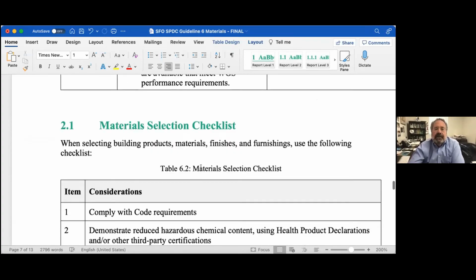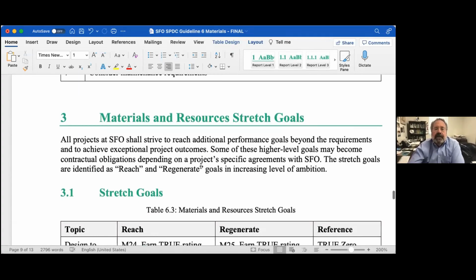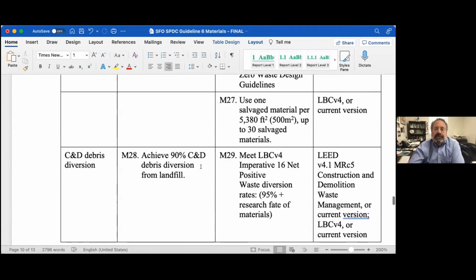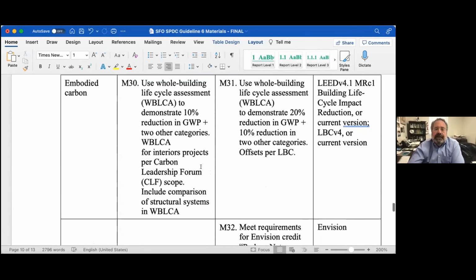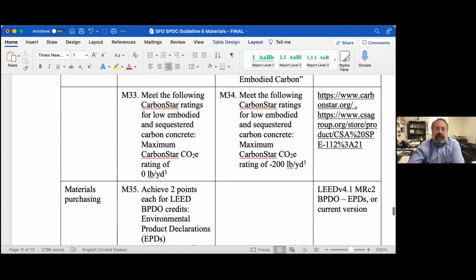Or if you go on and you look at their stretch goals, here they have a CarbonStar rating of 0, and they're hoping to attain a rating of negative 200 pounds per yard.